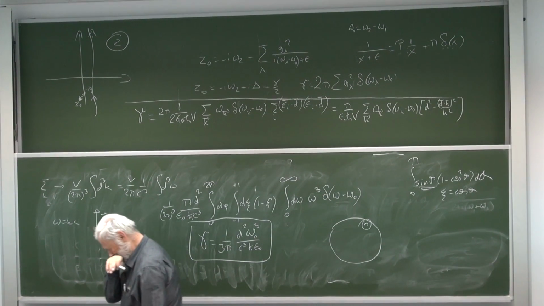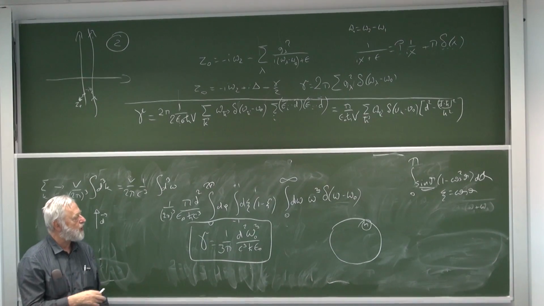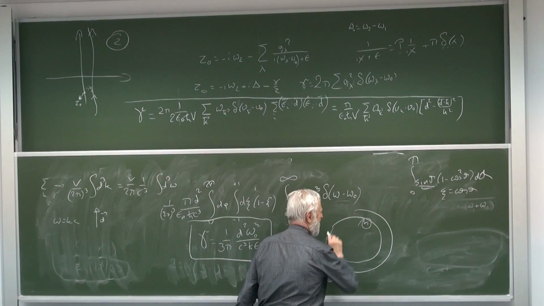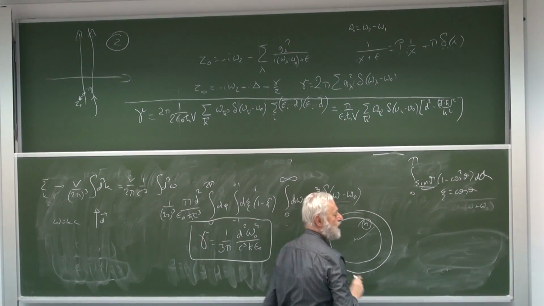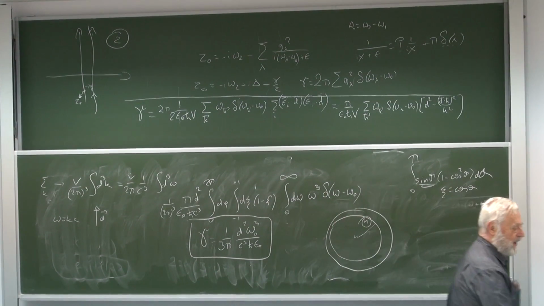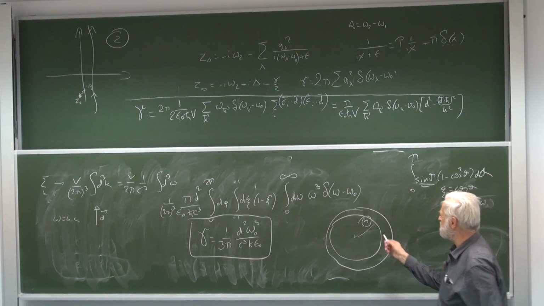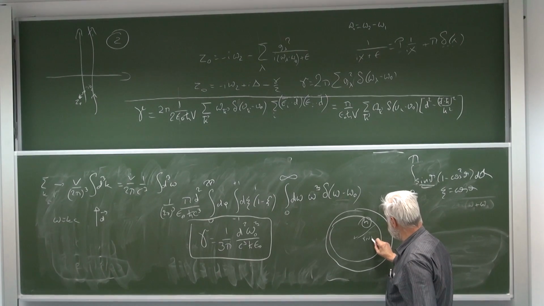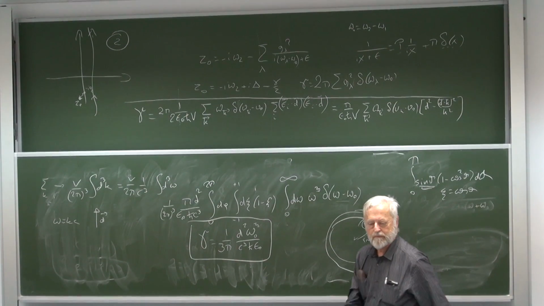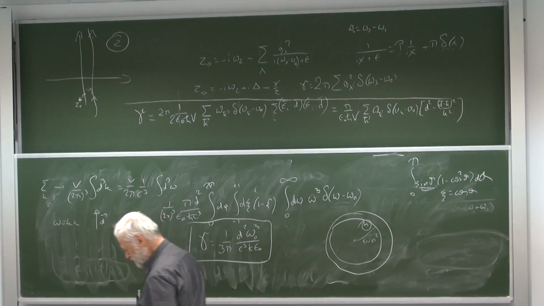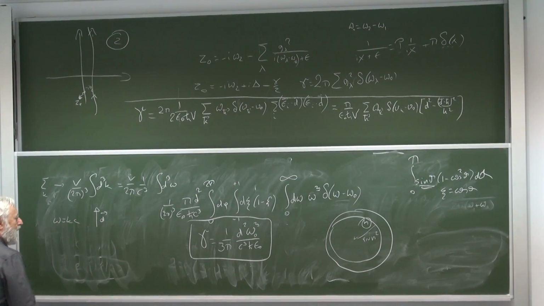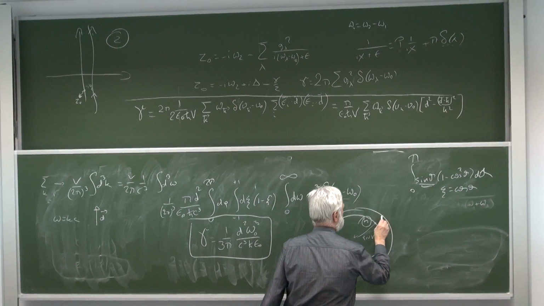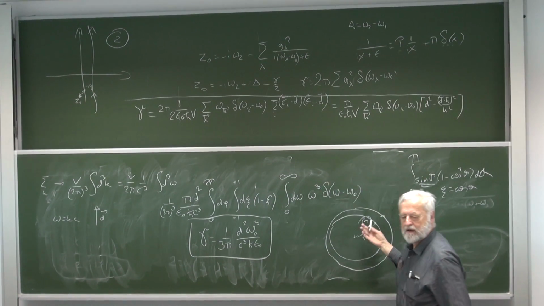Now, if you have such a huge atom, then what is the scale? We know that the radius of such a guy is proportional to the square of this n. So the radius scales like n squared. So does, of course, the transition dipole moment, because this is the typical length scale of the problem.